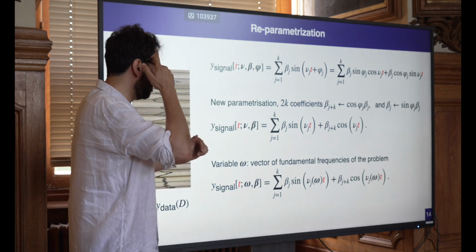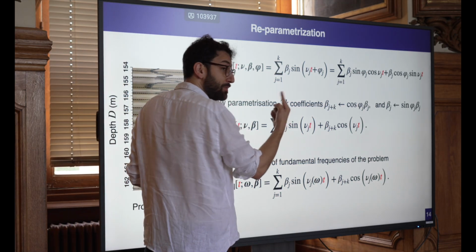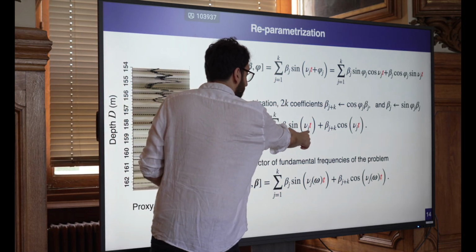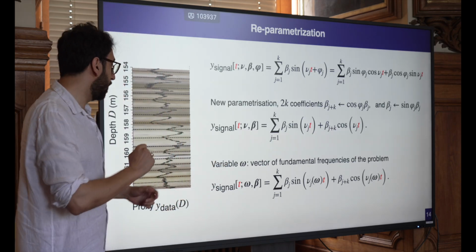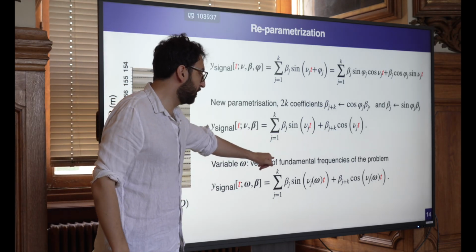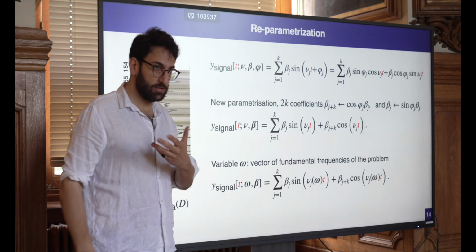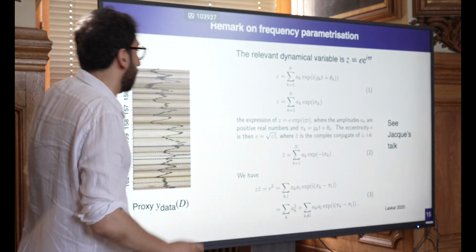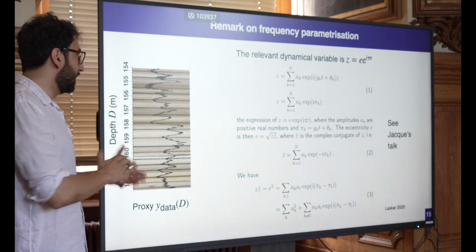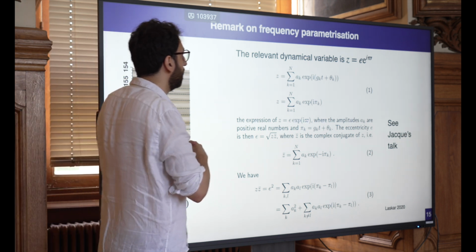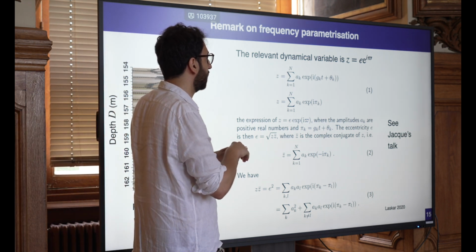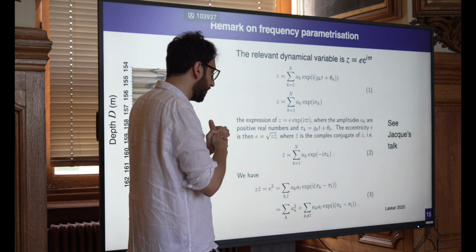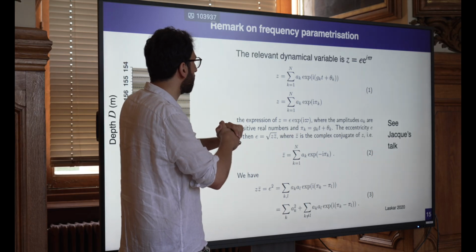And also, instead of using as parameters the frequencies that I see in the data, I will use a vector of fundamental frequencies. And this is exactly what Jacques was talking about. The relevant dynamical variable is the eccentricity times the exponential of i times the argument of periastron.